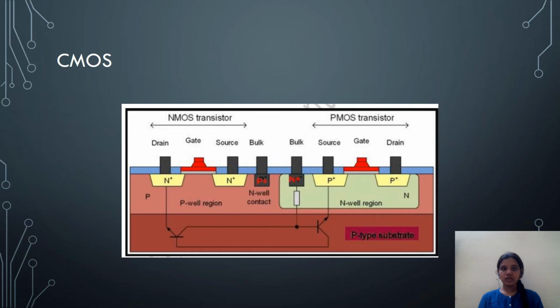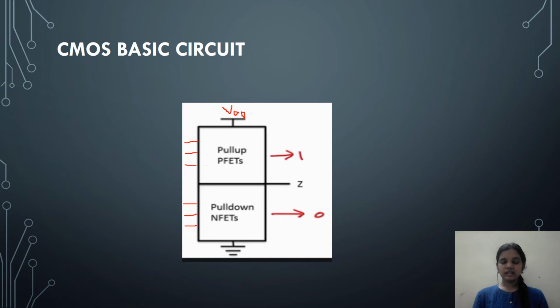A combination of both NMOS and PMOS technology is CMOS. The basic example for CMOS technology is the inverter. This is the CMOS basic circuit. Here we have the VDD supply. We have a pull-up network made up of P MOSFETs.